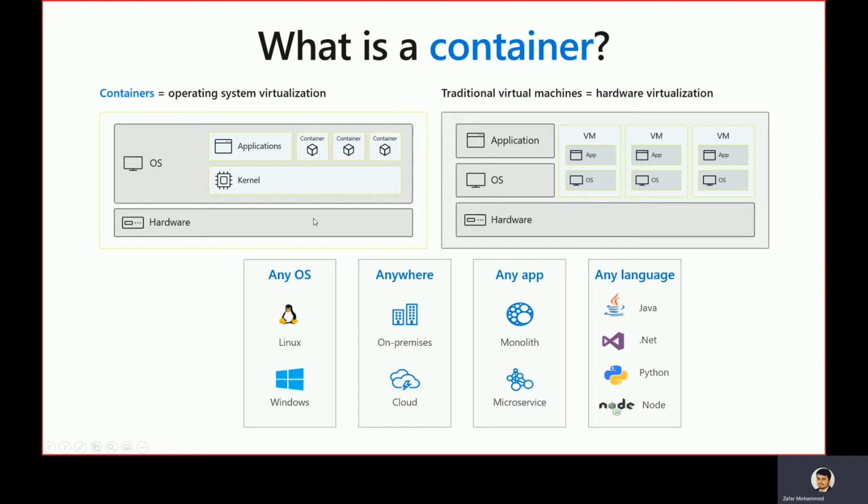And each container shares the operating system kernel with the other containers. Shared part of the operating systems are read only, while each container has its own mount, a way to access the container for writing. That means containers are much more lightweight and use far fewer resources than virtual machines.